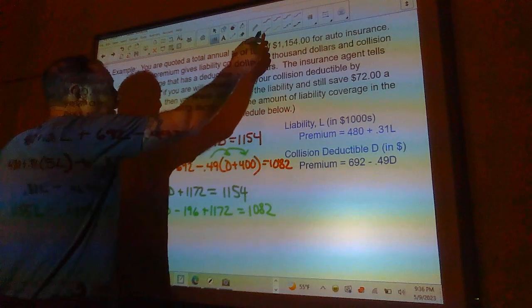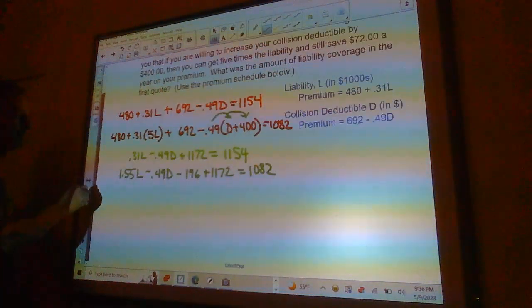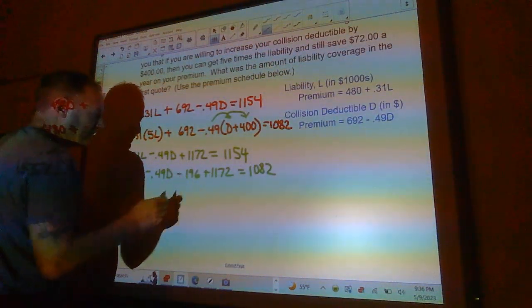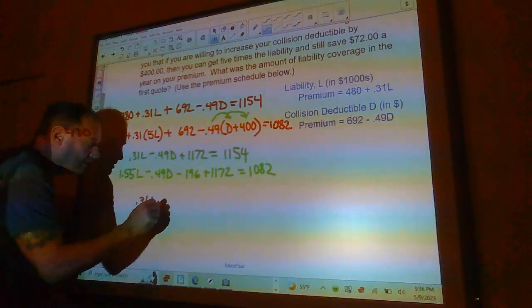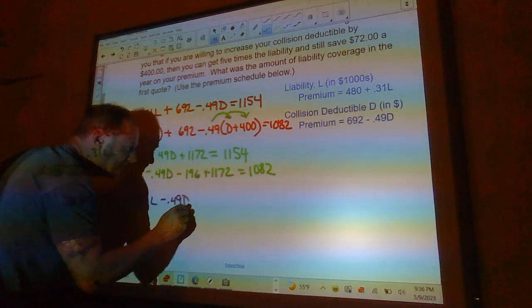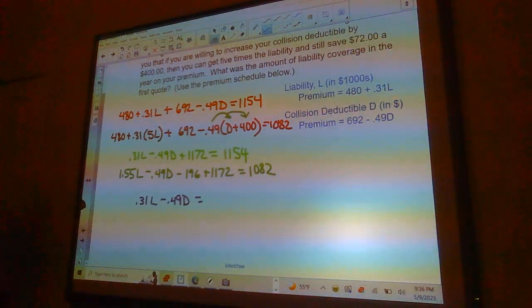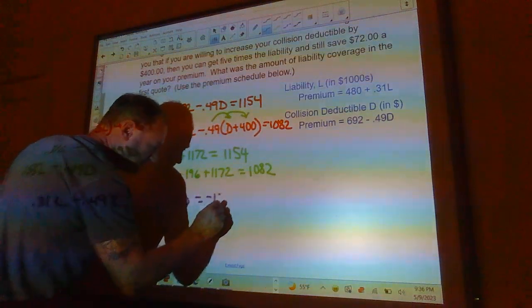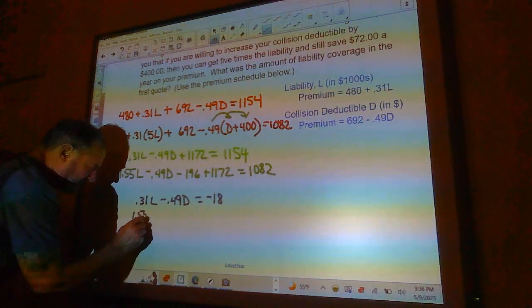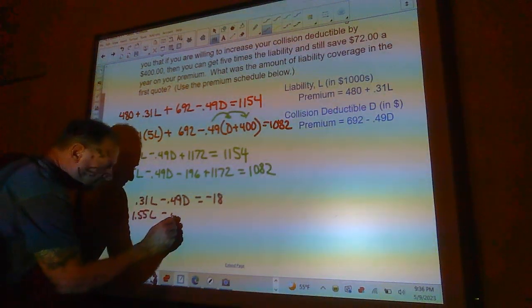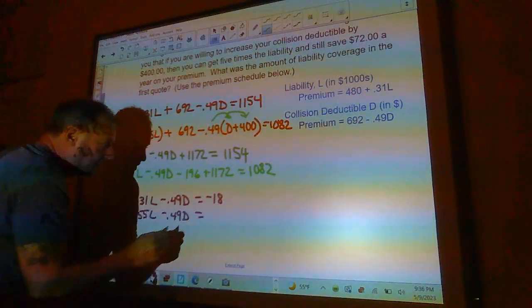Okay, so I can consolidate this even more by moving this over here. So this is going to become 0.31L minus 0.49D, and that's going to equal 1154 minus 1172. So that comes out to be negative 18. And now this is going to be 1.55L minus 0.49D.